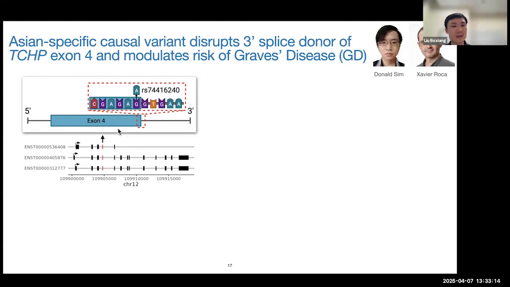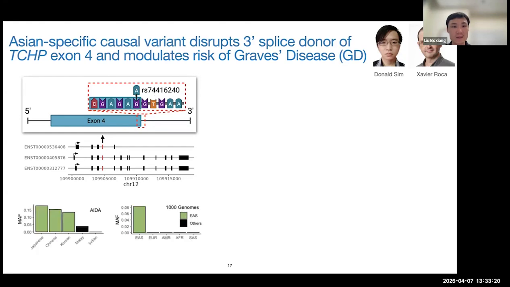Before I jump into that, I would like to highlight that this variant is an Asian-specific variant, right? Here we show the allele frequency of this variant in the Japanese, Chinese, and Korean populations.